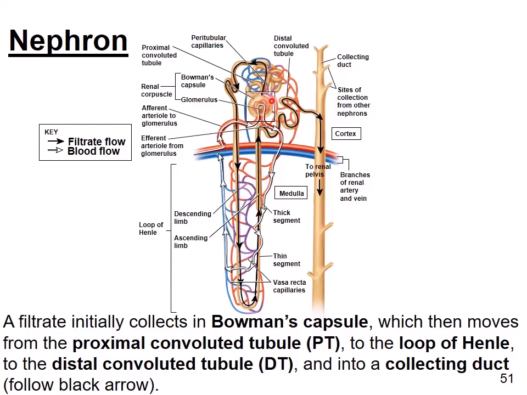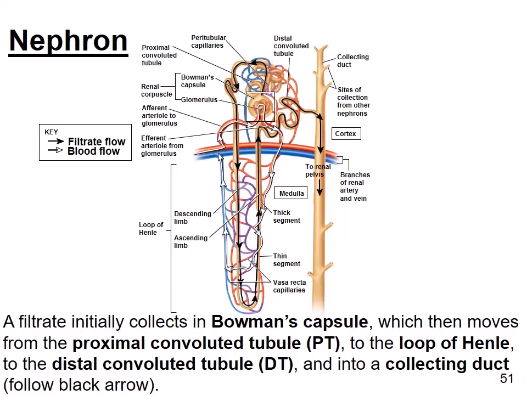There's this tuft of capillaries called the glomerulus, and the blood is filtered and produces the filtrate in the Bowman's capsule. So the Bowman's capsule and the glomerulus together make up the renal corpuscle, and then the filtrate moves to the proximal convoluted tubule.